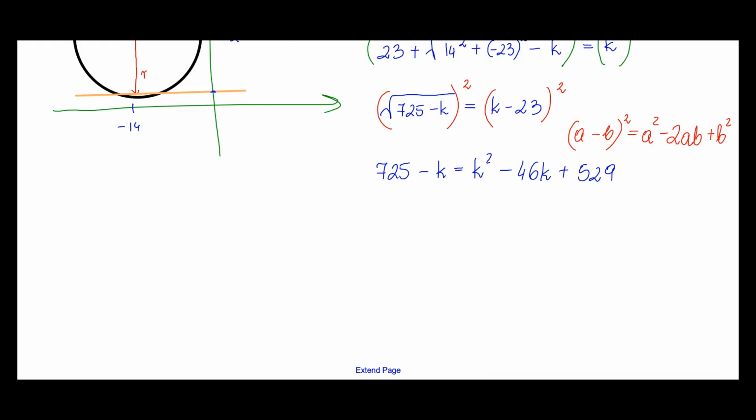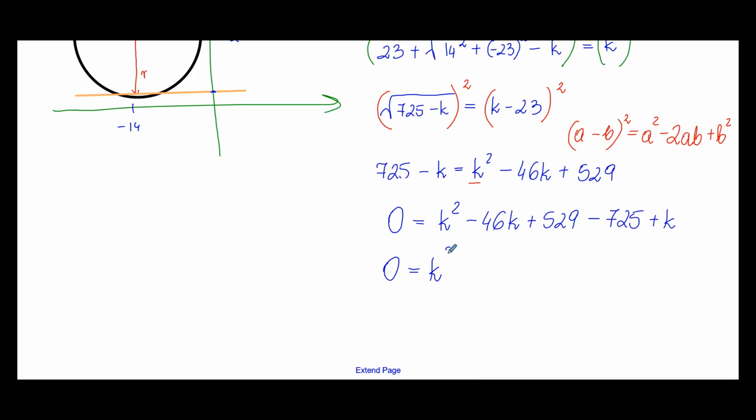Okay, I can see that I'm having a quadratic equation. I have k to the power of 2. Then I know that means the minus b formula. So I move all my values to one side so that I can clearly identify a, b, and c. Don't forget to change the sign as you move things to the other side of the equation. Now, which side, it actually doesn't matter.